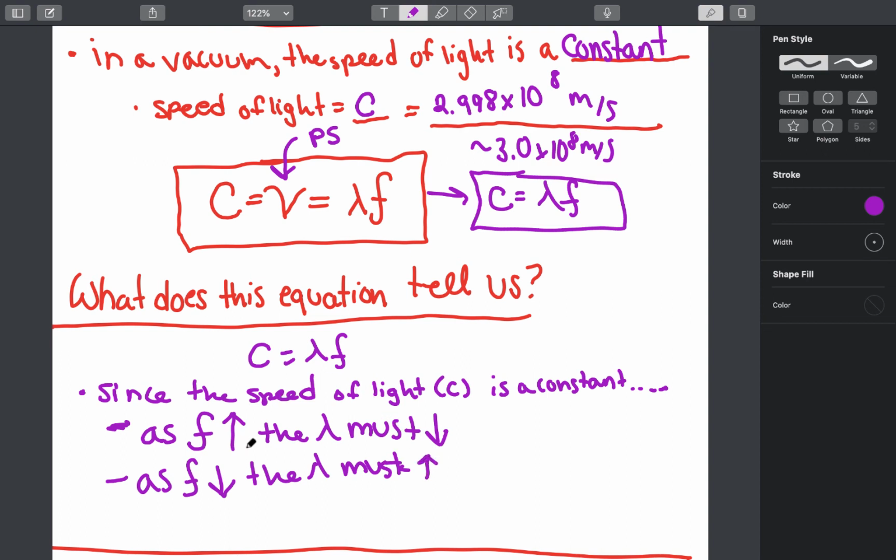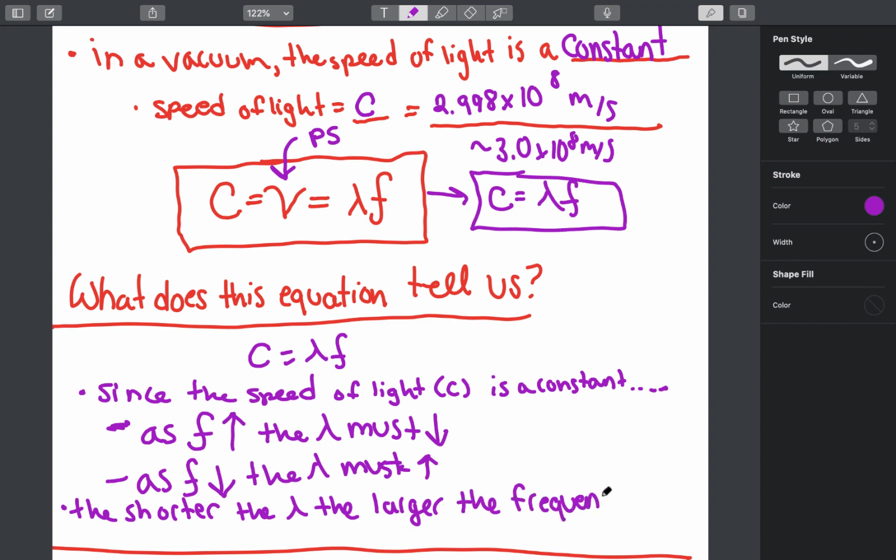And that is because as the wavelength increases, in order to keep the speed of light constant, the frequency must decrease. Therefore, we can come up with this general idea: the shorter the wavelength, the larger the frequency.